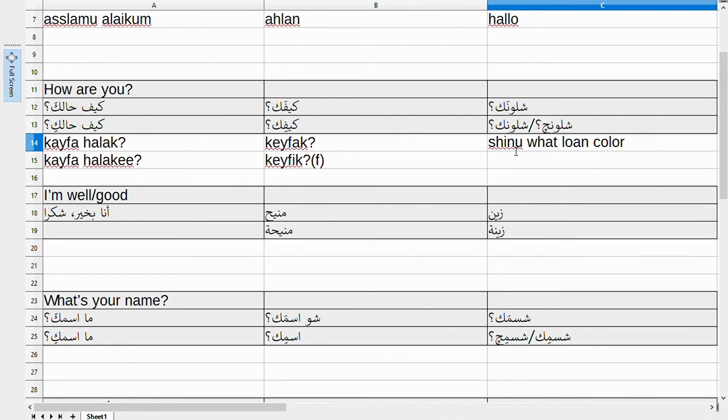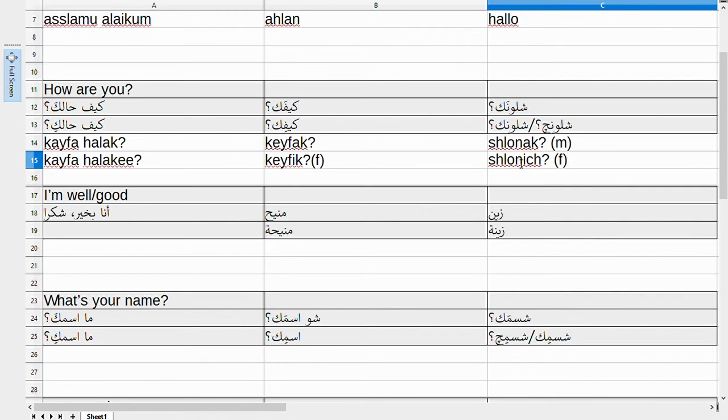So if you look here, shlonek, okay, this is like what your color, what's your color? And that basically means like how are you? This would be shlonek for a male, and shlonich would be for a female.